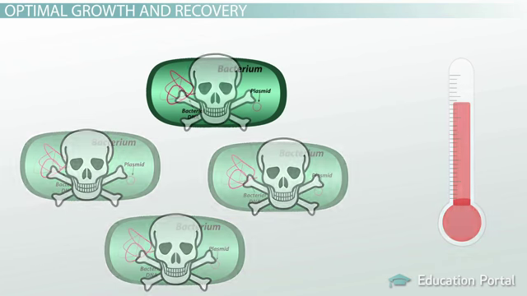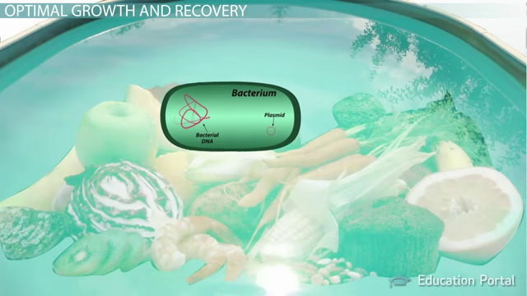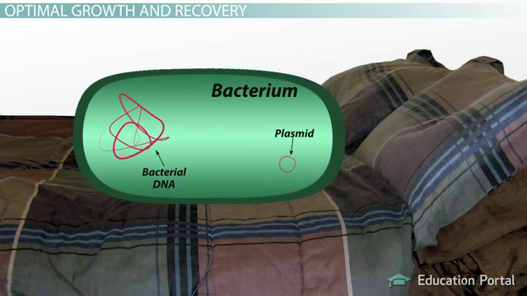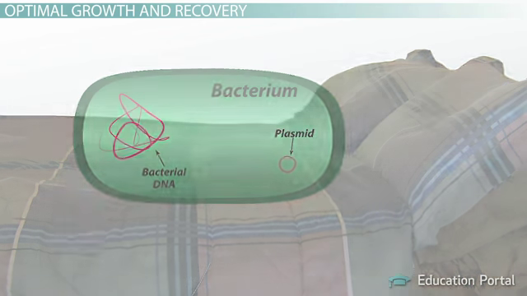E. coli cells are typically given time to recover in a nutrient broth following the heat shock step. This gives the cells time to recover before the next step in the process. However, the recovery step of bacterial transformation is a bit more complicated than simply giving the cells time to rest. We'll revisit the real reason for the recovery step in a minute.